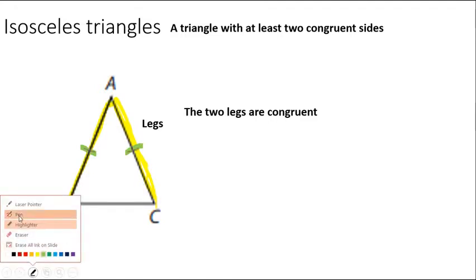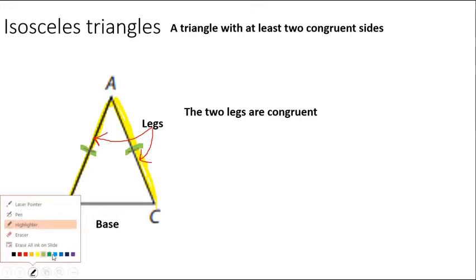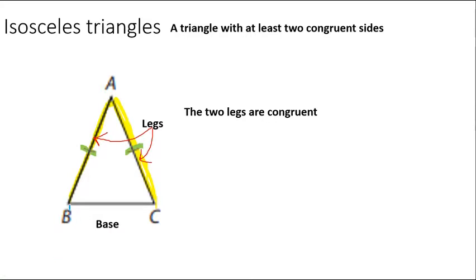Okay, next thing, the last side over here on the bottom, we call that the base. So the base is just this part of it. So we have two legs and a base for the isosceles triangle.